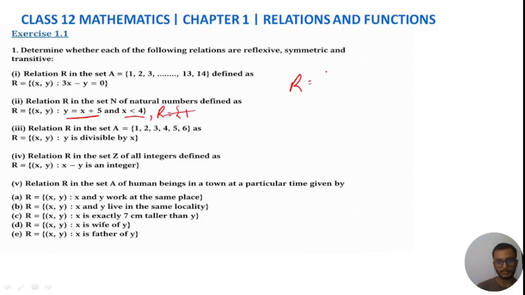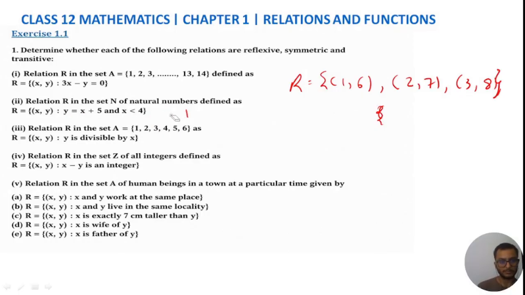If I take x as 1, because x starts from natural numbers, what will be my y? x plus 5, that is 6. If I pick x equals 2, my y will be 2 plus 5, 7, then 3 plus 5, 8, and that much only, because x is less than 4. So this will be my R. You verify the other properties of this relation.